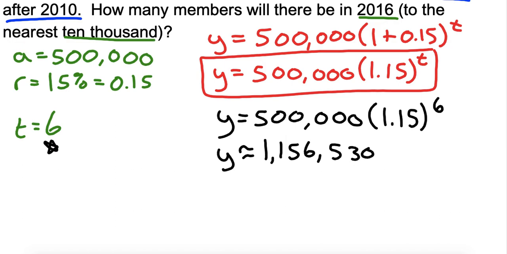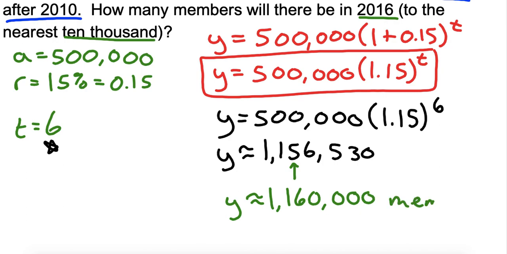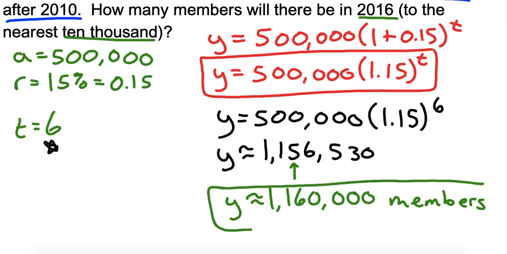But notice it said to the nearest 10,000. The 10,000 is right here. So we're going to round this to 1,160,000 members. So make sure that you always are checking to see where you are supposed to round to.